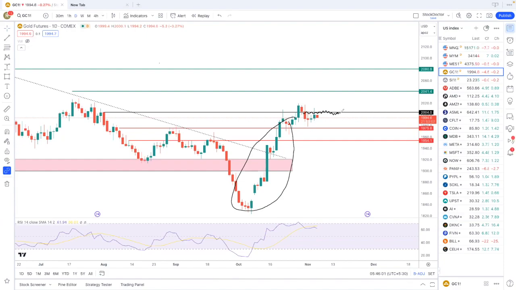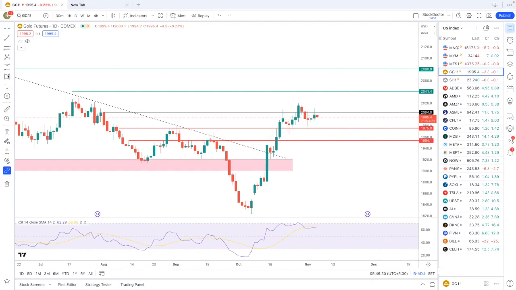If it holds and sustains above 2,000, then definitely 2,040 and 2,080 are the immediate targets for gold. If it doesn't hold 2,000, then it can go back toward 1,975 and 1,950. These are the two support levels. And after that, we need to see whether it can again reverse from here and go up like this. So these are the possible scenarios for gold.